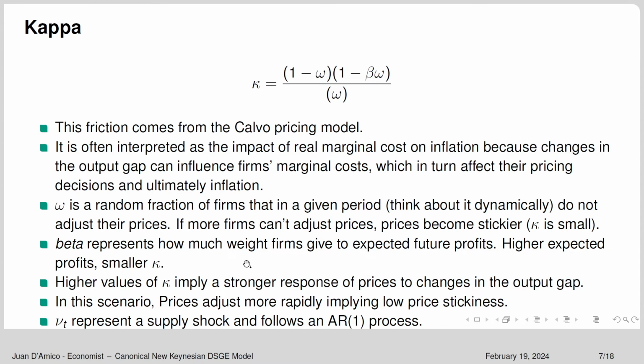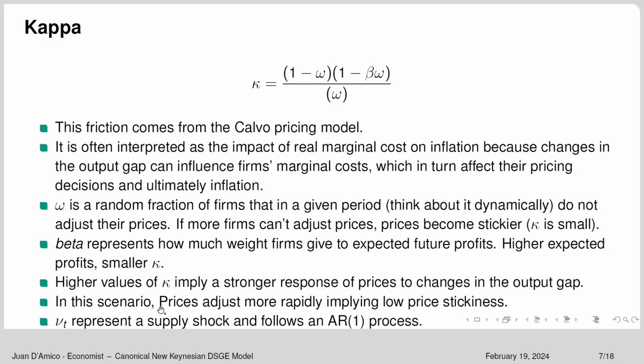Now, what are the rest of these variables? Beta represents how much weight firms give to expected future profits. Higher expected future profits, smaller is going to be the value of kappa. So higher values of kappa imply a stronger response of prices to changes in the output gap, which is what I just mentioned.